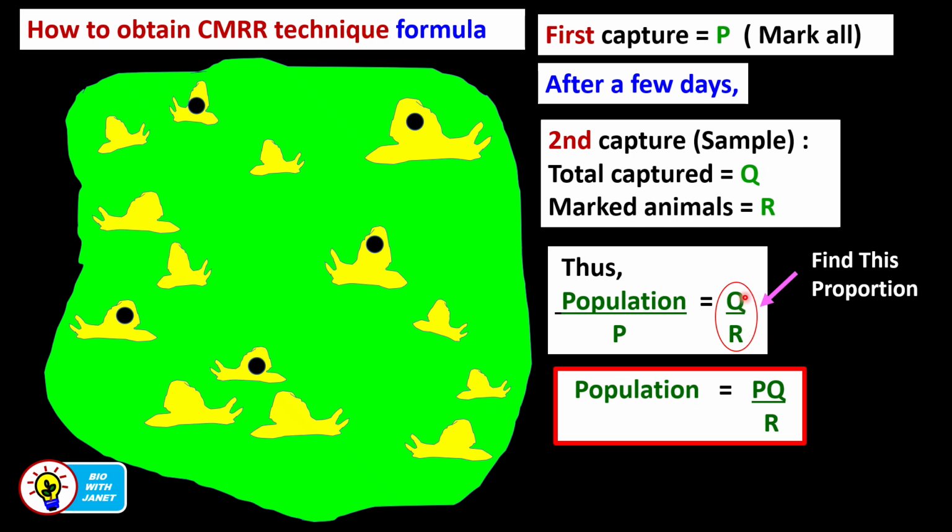This fraction should mirror the fraction for the whole area: out of the total population, P were marked. So population per P equals Q per R. Then you bring P to the right hand side, and you get population equals P times Q over R.